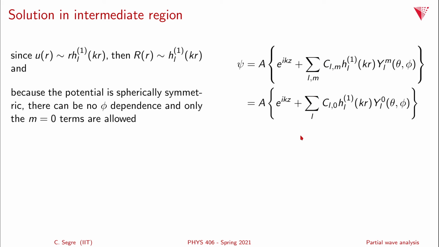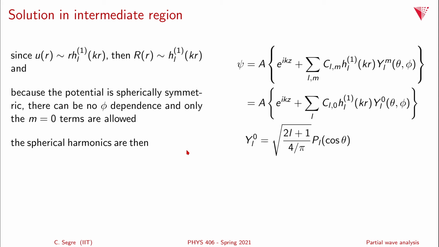So now my sum becomes this: A times the quantity e to the ikz, which is my incident plane wave, times the sum over L, C sub L0, Hankel function sub L of kr, and then the spherical harmonic Y sub L0 of theta. And now it's just theta because phi has no dependence.